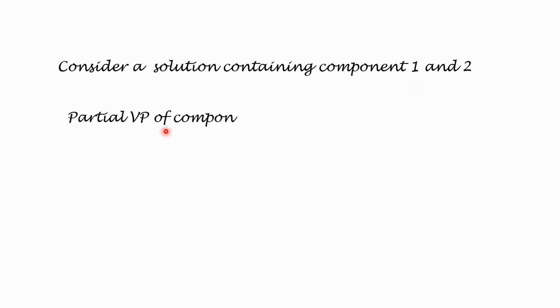Consider a solution containing two components. We denote them as component 1 and component 2. Then the partial vapor pressure of component 1 will be P1 equal to X1 P0 1. X1 is the mole fraction of component 1.